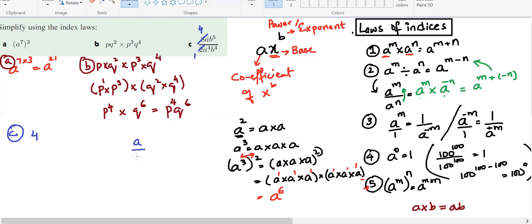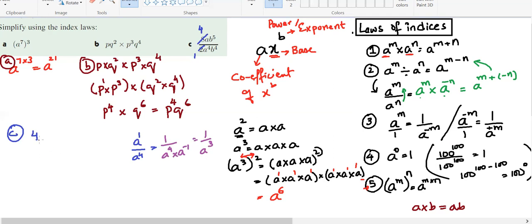So it's a divided by a to the power 4. A to the power 1 is divided by a to the power 4. And by rule number 2, we can always transport the smaller power. It's ideal that you shift the smaller power from its position. So I'm going to bring this a to the power 1 down in the denominator, just to show you, and we'll get a to the power 3 in the denominator.